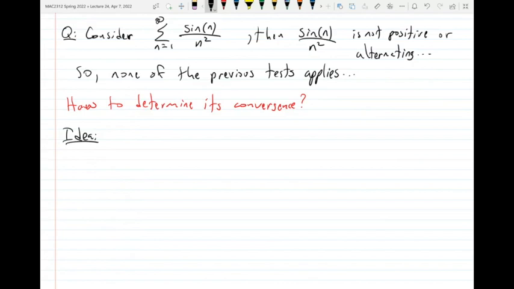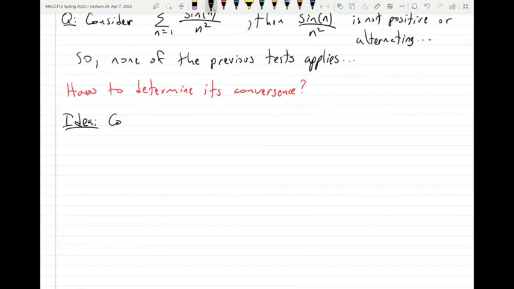Well, let's look at the series of absolute values, and let me explain why we want to consider this.